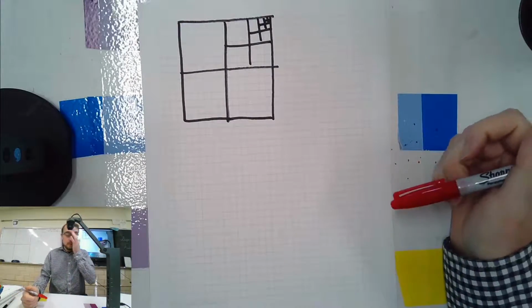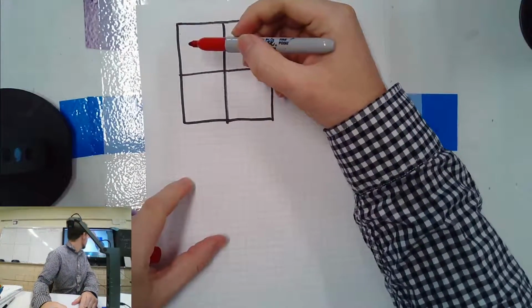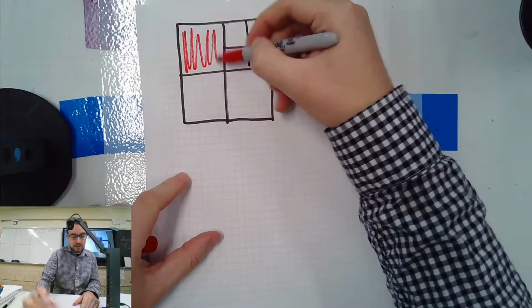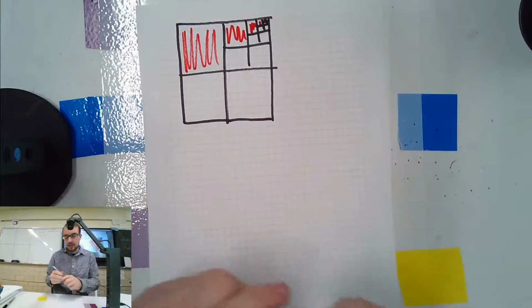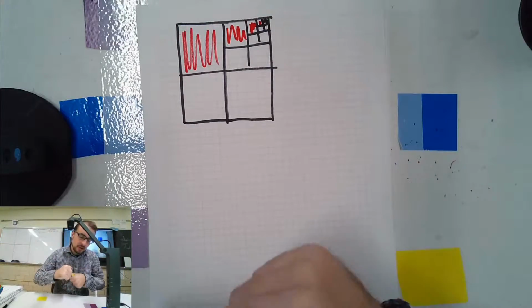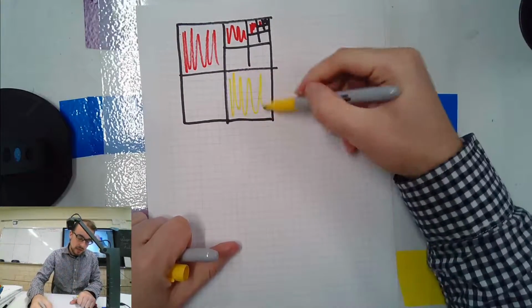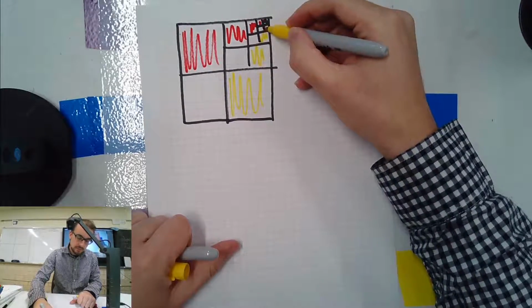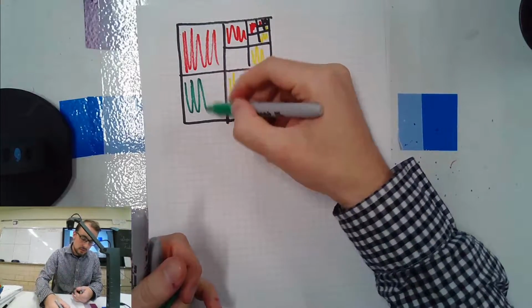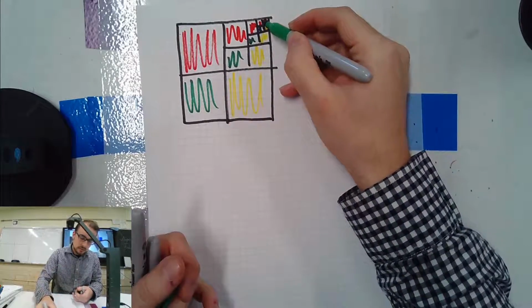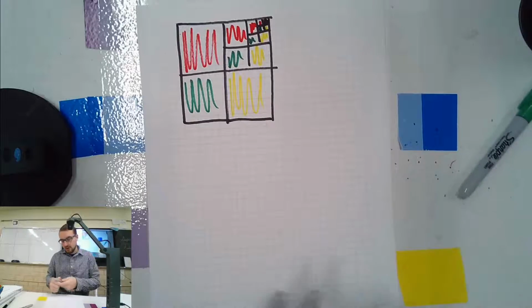So right here, which I believe was red, but if it's not, who cares? That's red, that's red, on and on and on. We've got some yellow in here somewhere, I believe it was the bottom right. I could be wrong. And then we've got green.